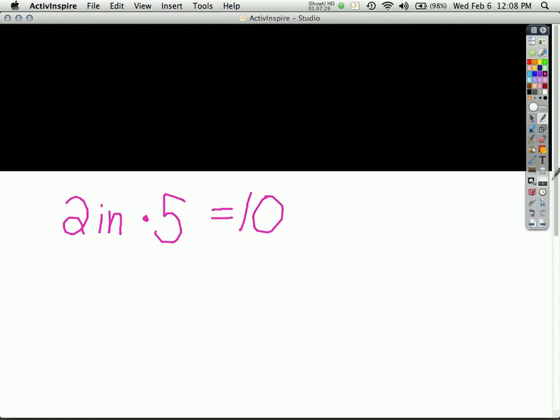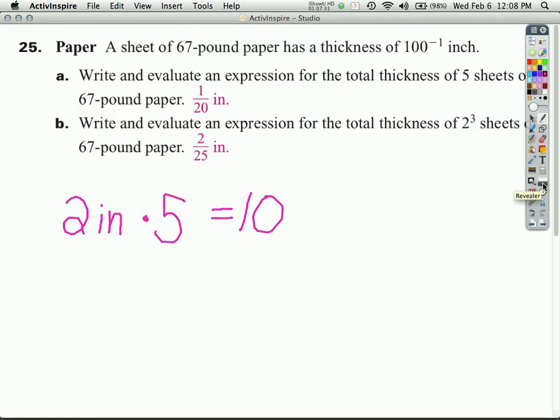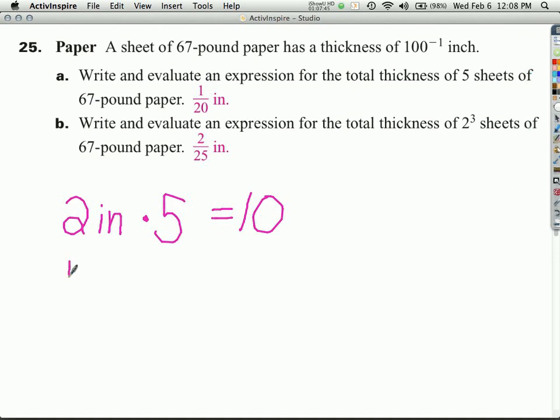Now let's bring back the original question. Total thickness of 5 sheets of paper. The paper is 100 to the negative first power inch thick. So instead of a 2-inch thick textbook, we have something that's this thick, and we have 5 of them. So now simplify.